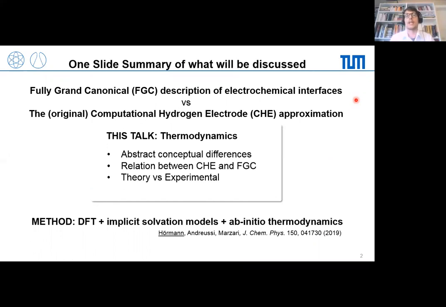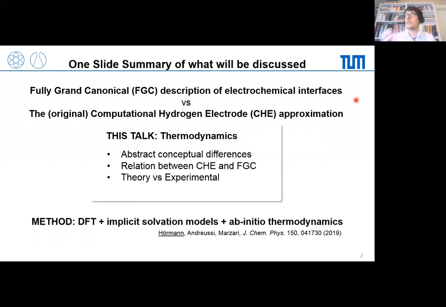And I will try to describe how this relates to the original computational hydrogen electrode approximation. There are some small, maybe conceptual differences, but also, of course, very close relations. And I will try to develop these ideas in this talk.